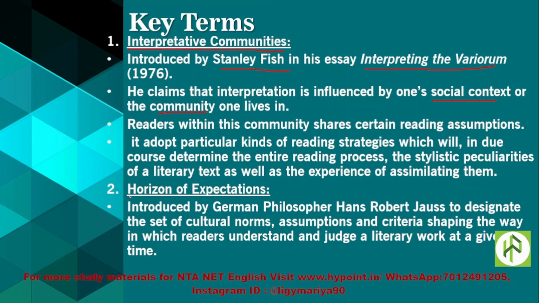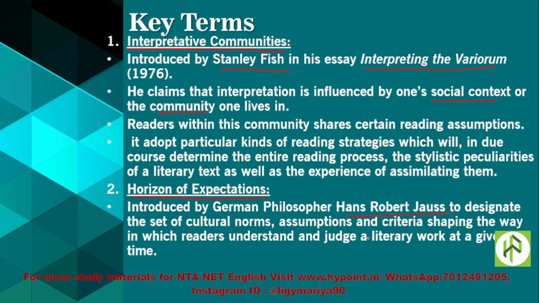Next, we have horizon of expectations. This is also related to reader response criticism. Horizon of expectations is introduced by the German philosopher Hans Robert Jauss. About him we will learn. It designates the set of cultural norms, assumptions, and criteria shaping the way in which readers understand and judge a literary work at a given time.